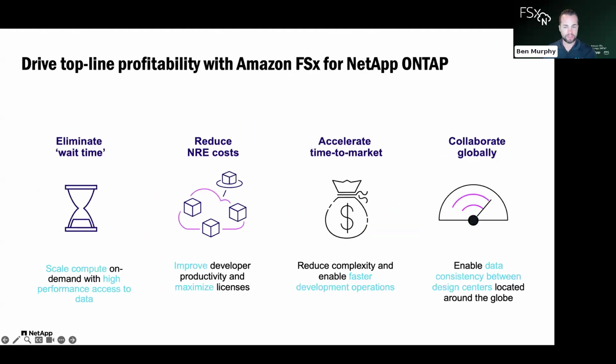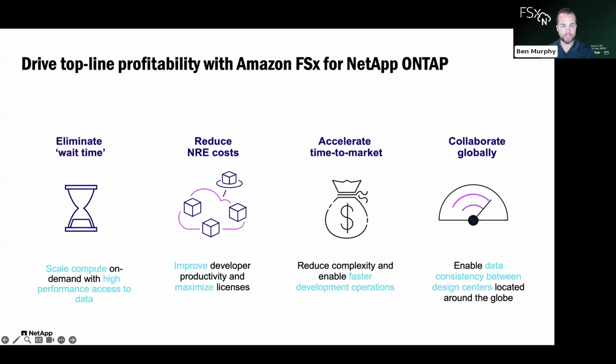There are 4 main benefits in semiconductor development by bursting or moving EDA workloads into the AWS cloud. So the first one is we're going to eliminate developer wait time with infinite compute on demand and fast data access.